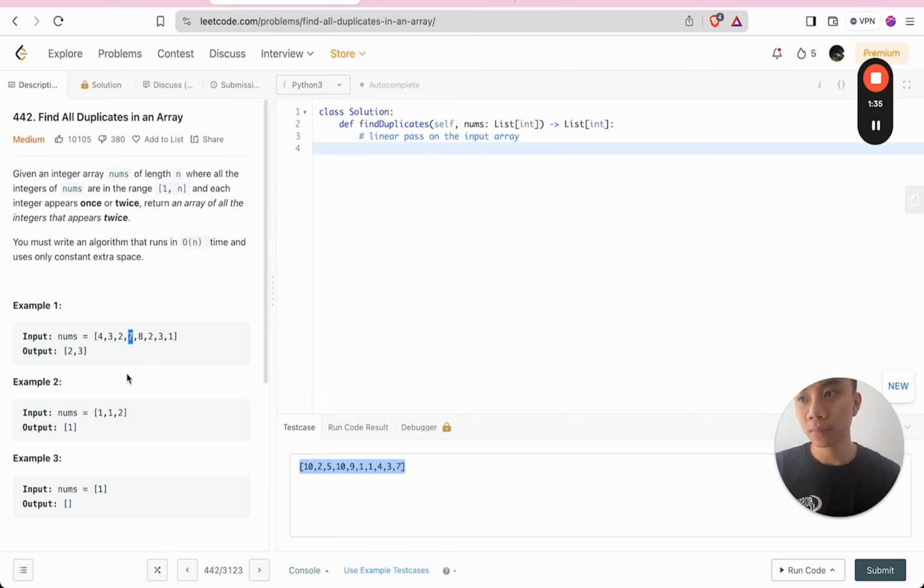That would be our metadata that we've seen 4 before. So when we come across 4 again and we go back to the fourth element and see that it's negative, that will tell us that we've seen this before and we can add it to our answer.